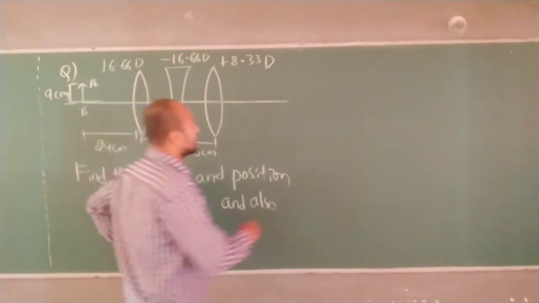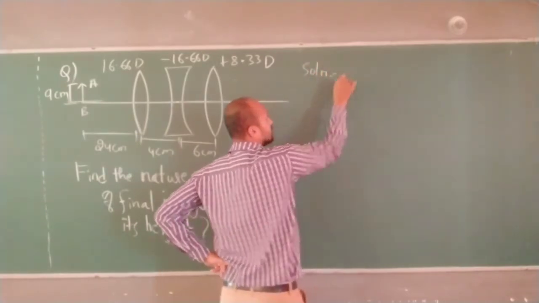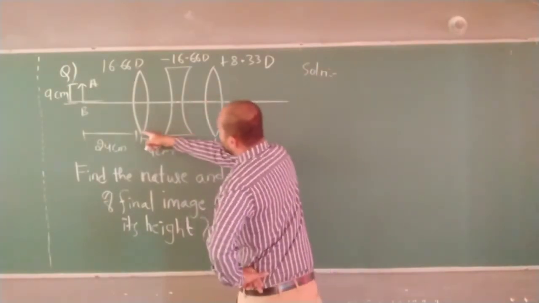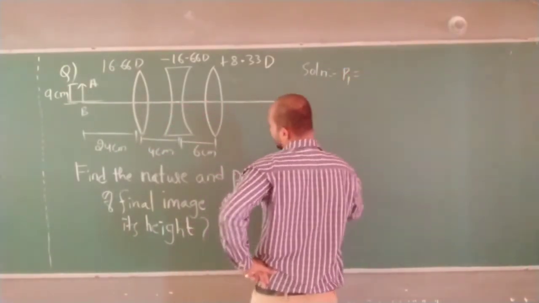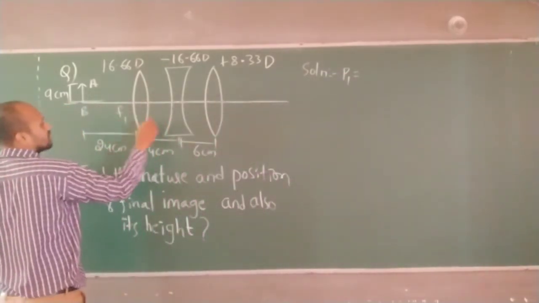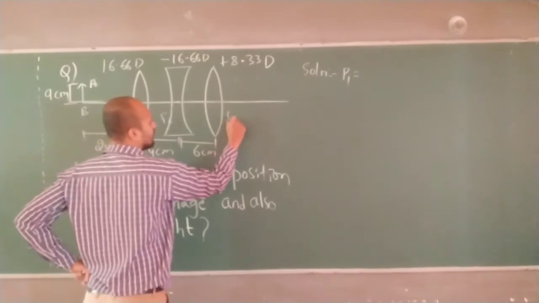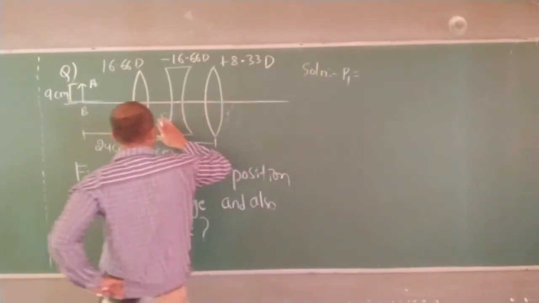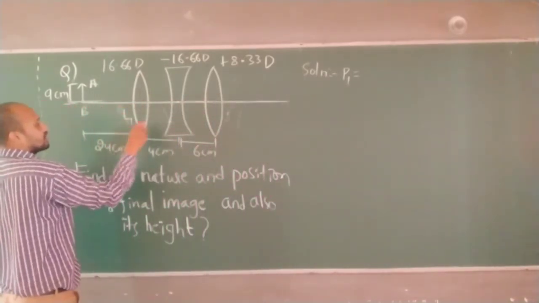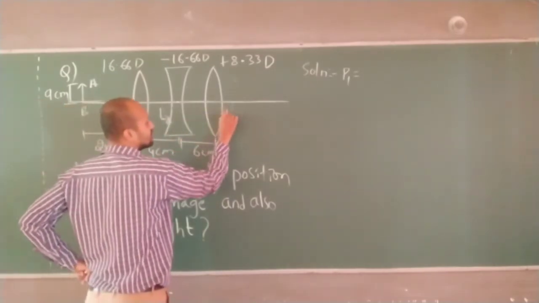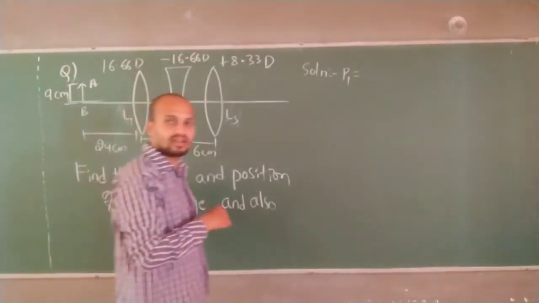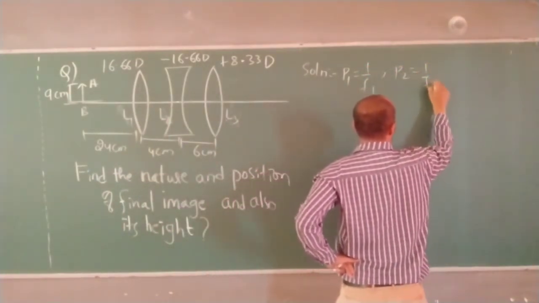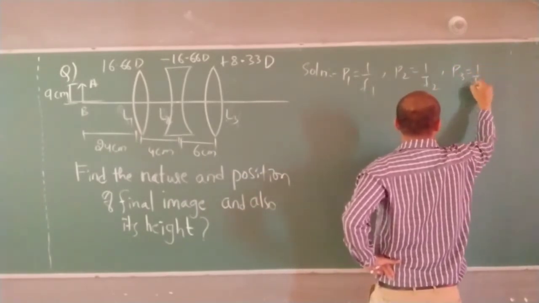According to the given details, the power of the lenses is given. I will consider this as lens 1, this as lens 2, and this as lens 3. So P1 is equal to 1 by f1, P2 is equal to 1 by f2, and P3 is equal to 1 by f3.